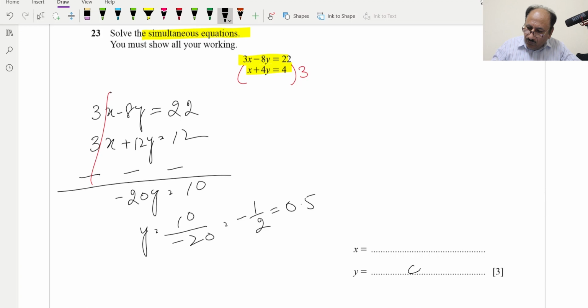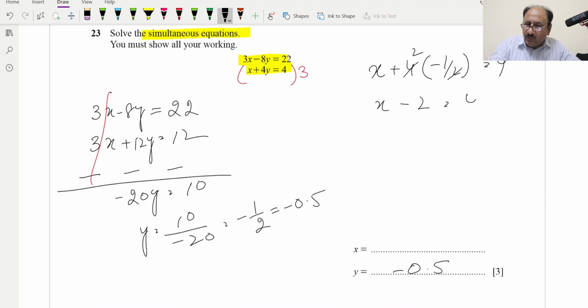So the y value we got is minus 0.5, not 0.5, it should be minus 0.5. Now we can replace this value to get the value of x. I'll be replacing in the second one: x plus 4 into minus 1 by 2 is equal to 4, so this will be cancelled to 2, so x minus 2 is equal to 4, so x is equal to 4 plus 2, which is equal to 6. So the x value will be 6.